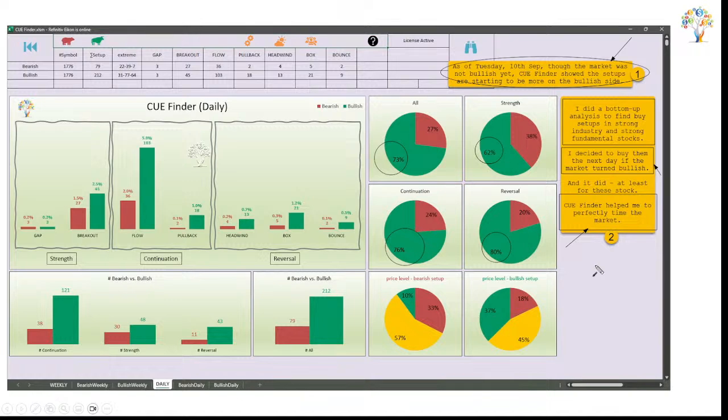Tuesday was the day I started to look to buy. Remember, in last market recap I mentioned that it was too late to short, but it was not time to buy yet. Now this session's question is, when was the perfect day to start buying? And Q Finder is telling, at least from this angle, that we could start that on Tuesday itself.